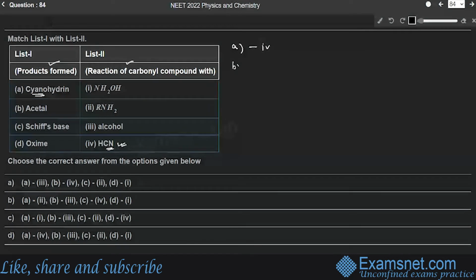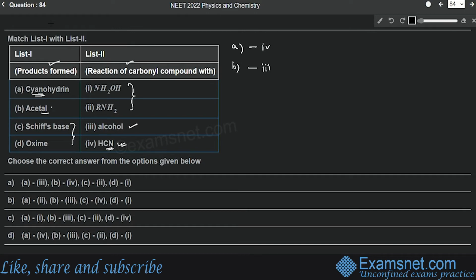Okay, now come to the second one, that is acetal. When a carbonyl compound reacts with an alcohol, it leads to the formation of acetal. So the correct match for B will be number 3. Now the last two options, Schiff's base and oxime, both consist of nitrogen. Here also you can see two options are left and both consist of nitrogen.